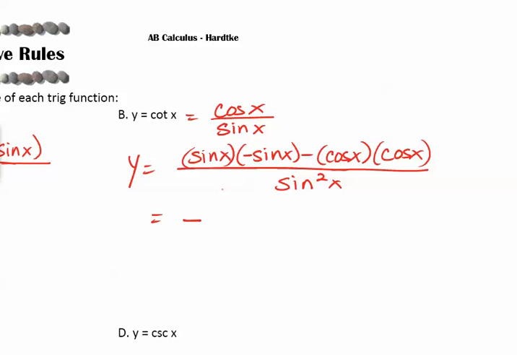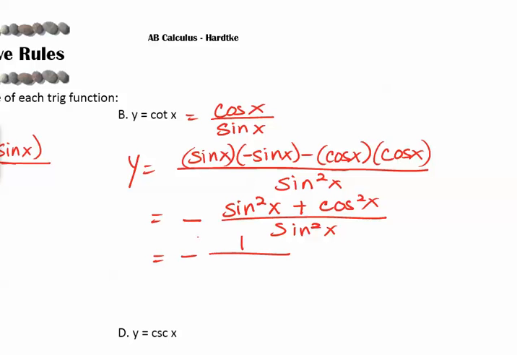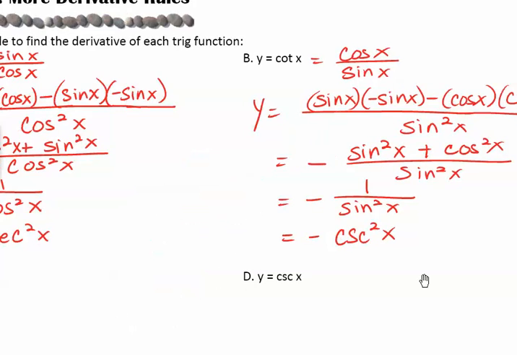So if I factor a negative out of each part, then we are back to positives in the numerator. And there's our Pythagorean identity again. So our numerator is 1 as long as we keep the negative out in front of the fraction. And there's what we were expecting, negative cosecant squared of x.